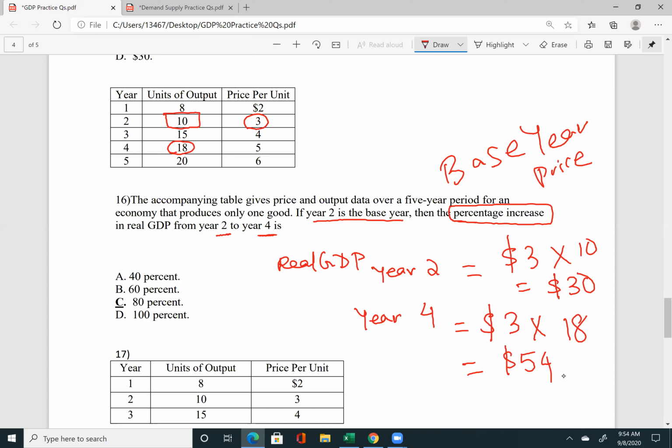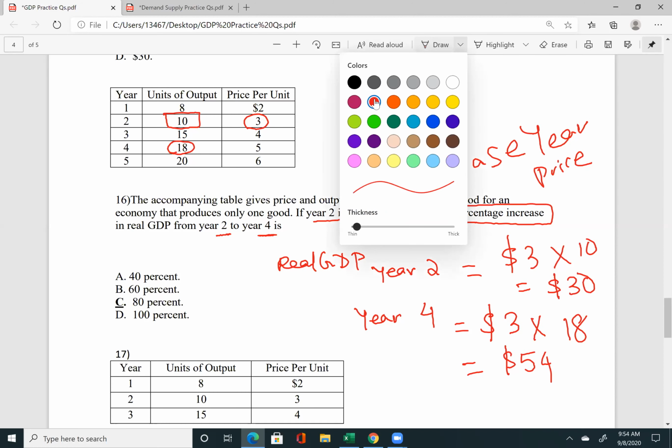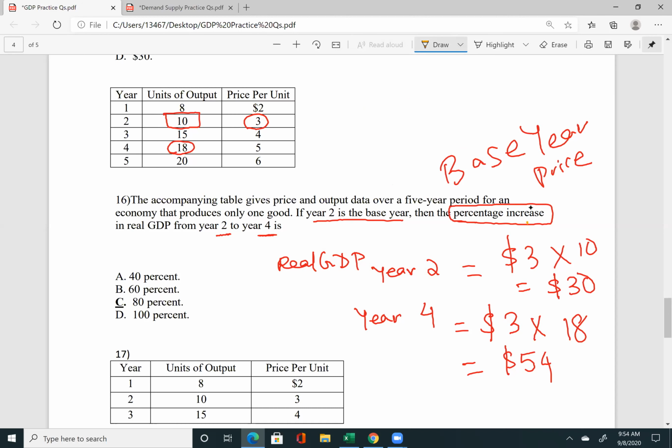But the question is asking us something else: what's the percentage increase? There is a formula to find the percentage increase, and we are going to use it a lot in the chapter on economic growth. The percentage increase is the new value minus the old value, over the old value, multiplied by 100.